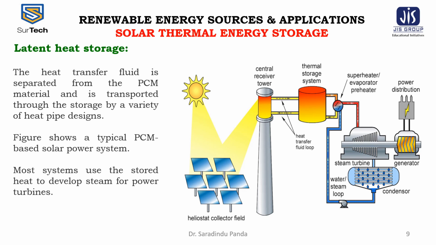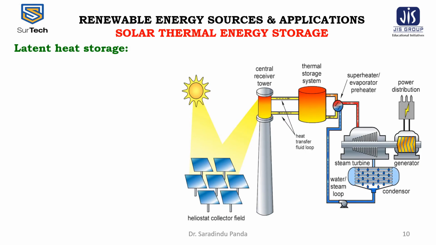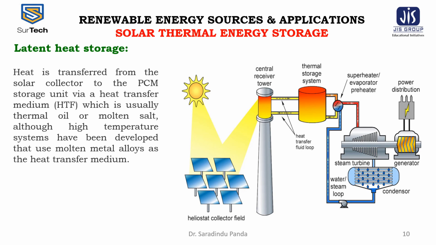Most systems use the stored heat to develop steam for the power turbines. Heat is transferred from the solar collector to the PCM storage unit via a heat transfer medium, which is usually thermal oil or molten salt.